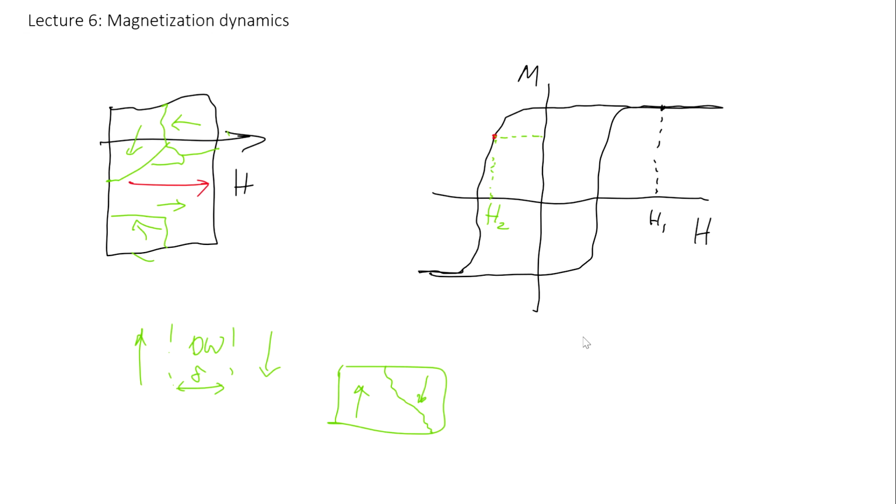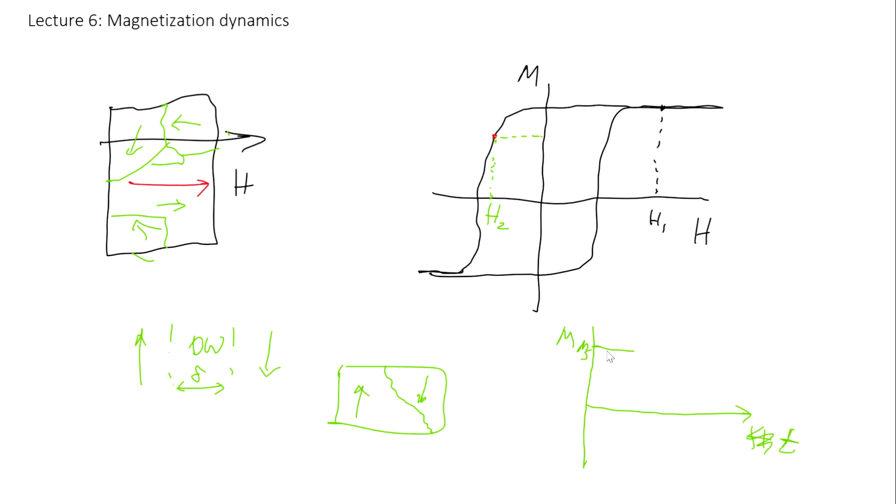More than that, let's look at how magnetization reacts in time. Initially you sit somewhere here at the saturated level, MS. This is not H, this is time, I apologize.